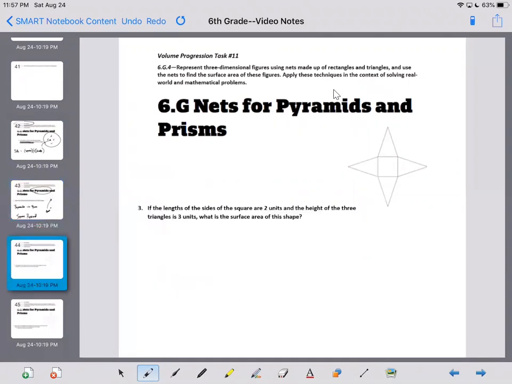So let's say that the length of the sides of the square are 2 by 2. So we know that the square, in order to calculate the surface area, is going to be 2 by 2, which would be 4 square units. Now the triangle, we better know a base times height, but we know we've got to divide it by 2.